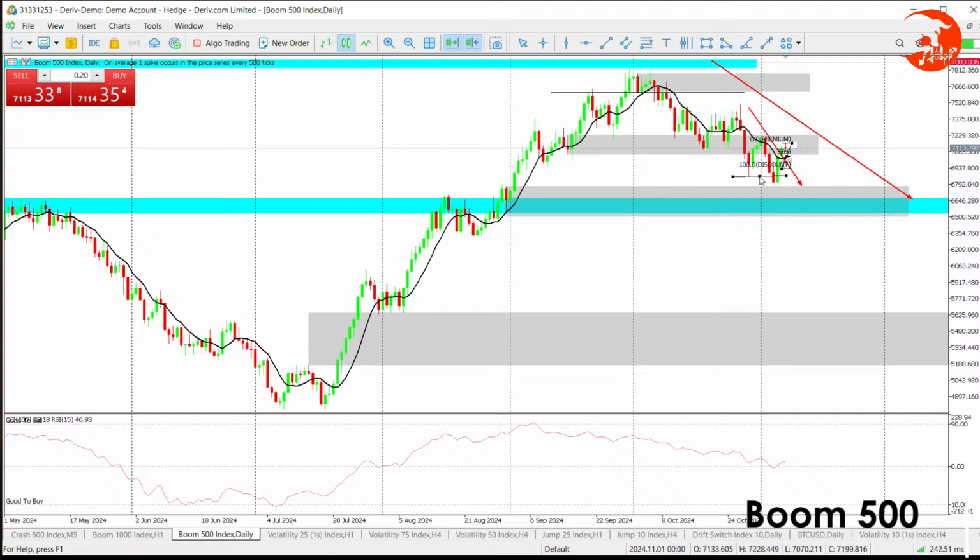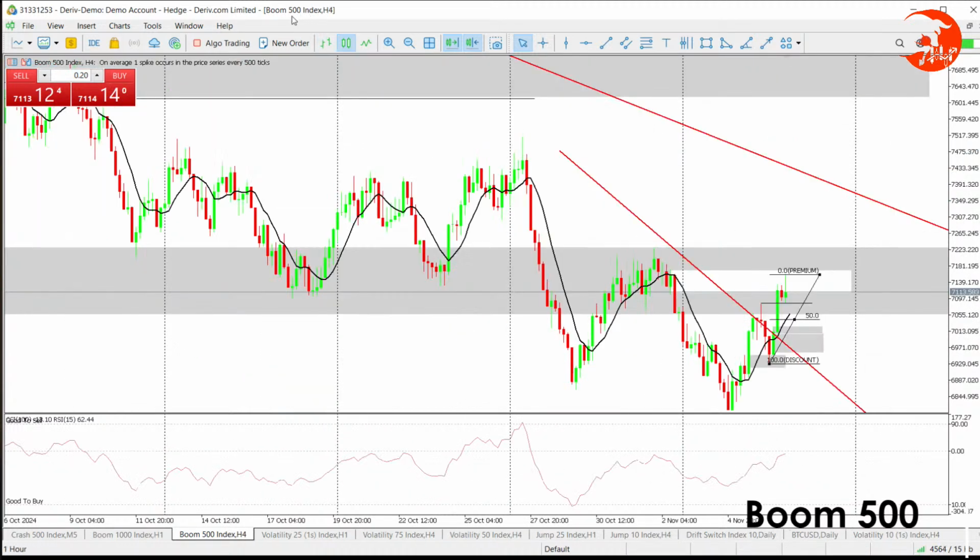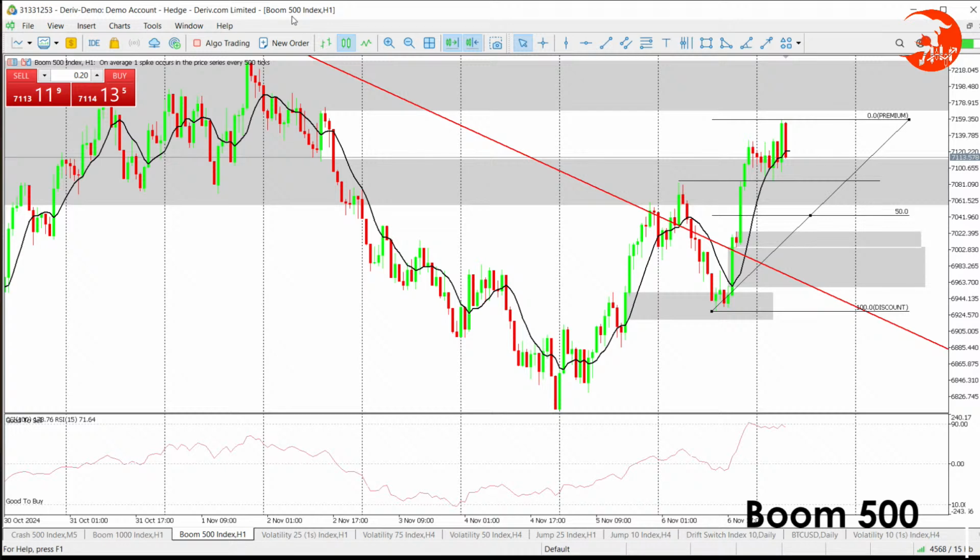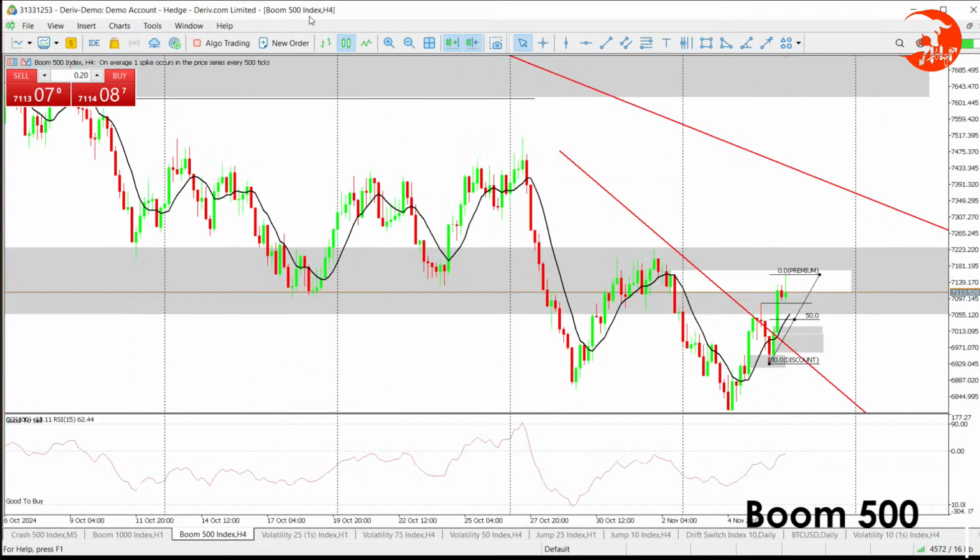This certainly tells us that we will be looking for sales. This can tell us that we will consider the H1 and daily time frame, not the H4.